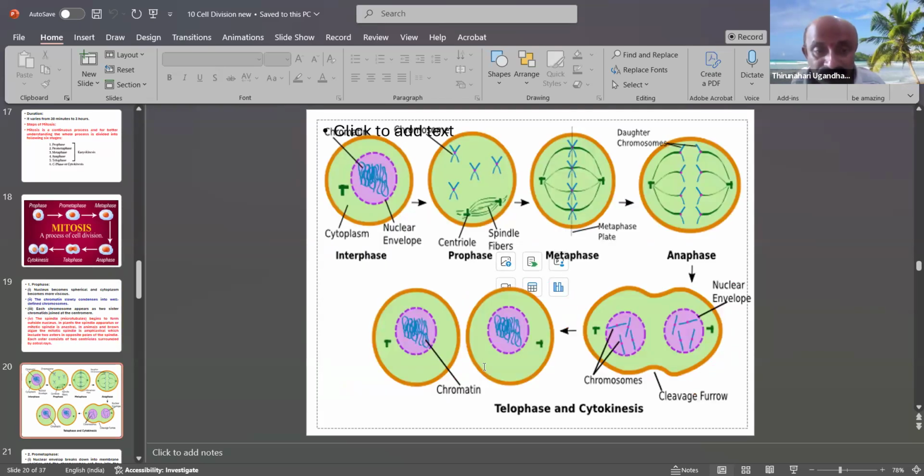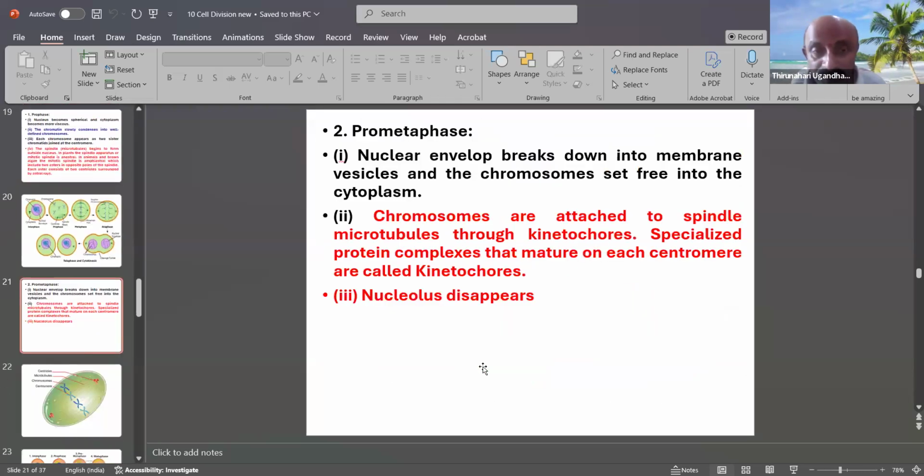This is also prophase, which comes after interphase. In prophase, the nuclear membrane disappears. The condensed bodies in the nucleus change into elongated linear chromosomes, which is also prometaphase. The nuclear envelope breaks down into membrane vesicles and the chromosomes are set free into the cytoplasm.